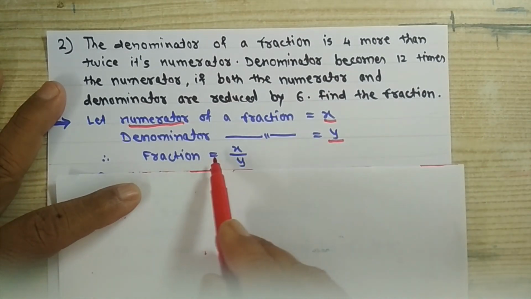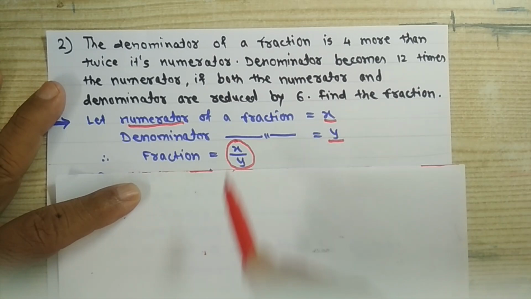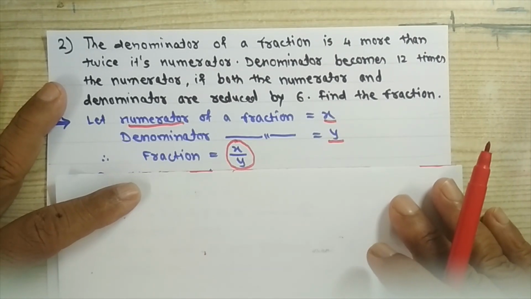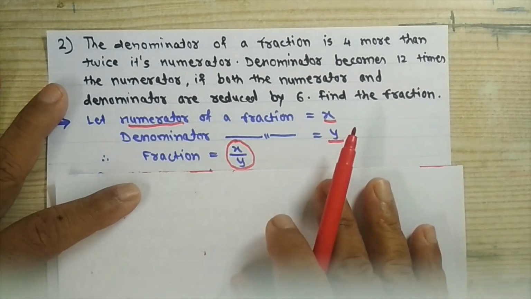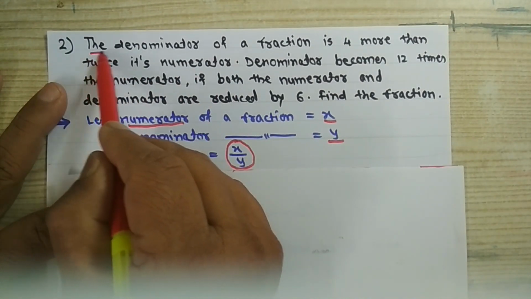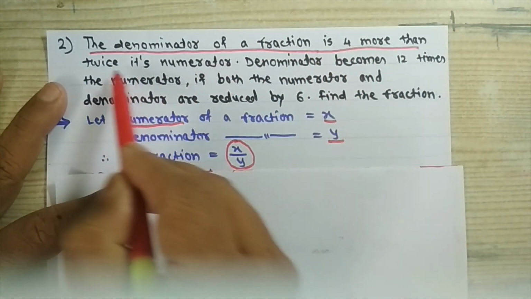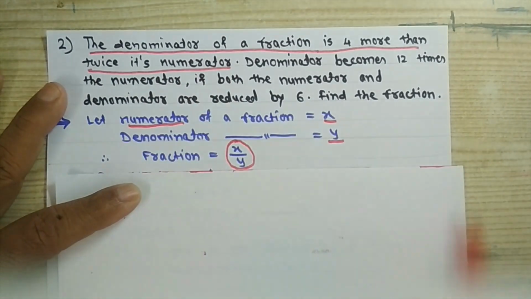Fraction is equal to x upon y. Finally, we have to find the value of x upon y. Which is the first condition given to us? The denominator of a fraction is 4 more than twice its numerator.